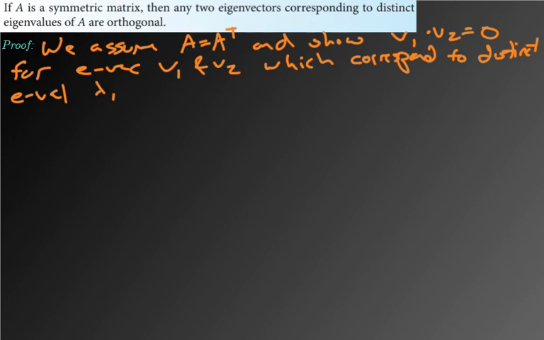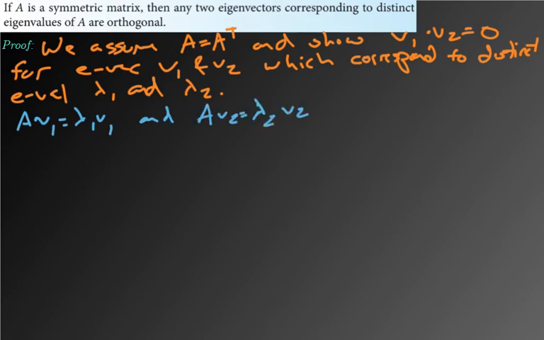We'll call them lambda 1 and lambda 2. So that's the idea of what we're about to do here. We have a setup where A V1 equals lambda 1 V1 and A V2 equals lambda 2 V2. That's just this idea of having distinct eigenvalues and eigenvectors.